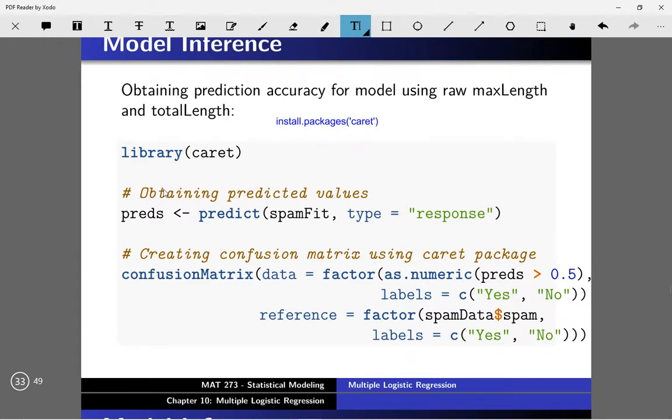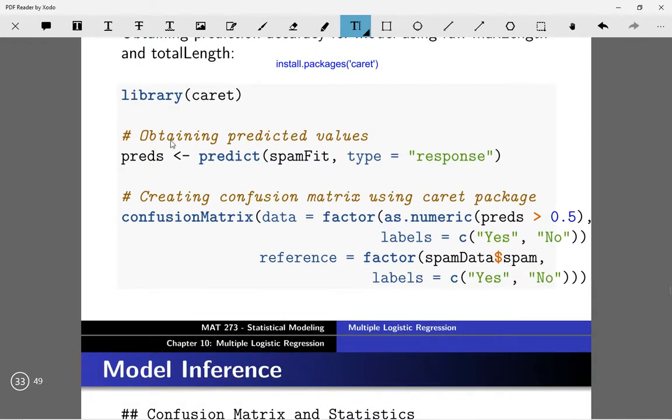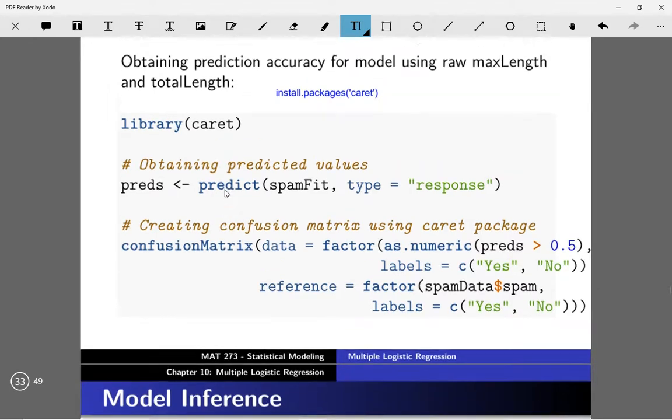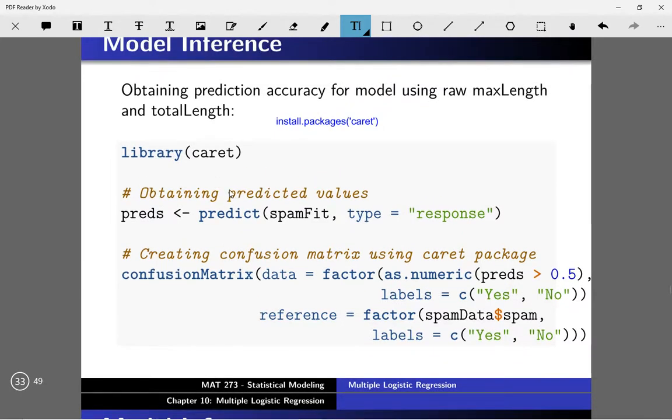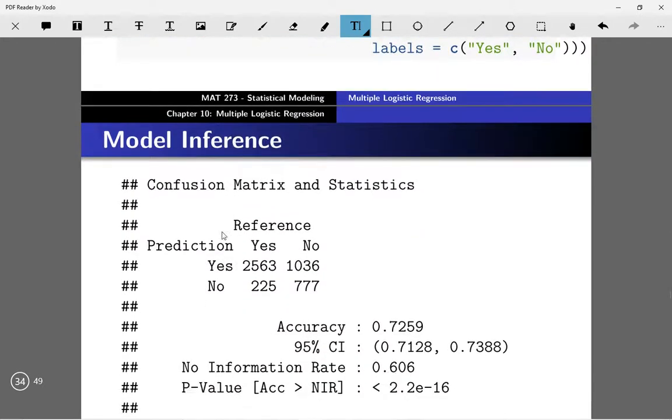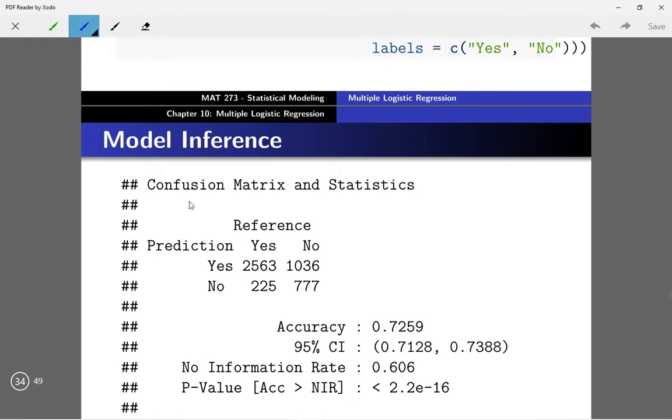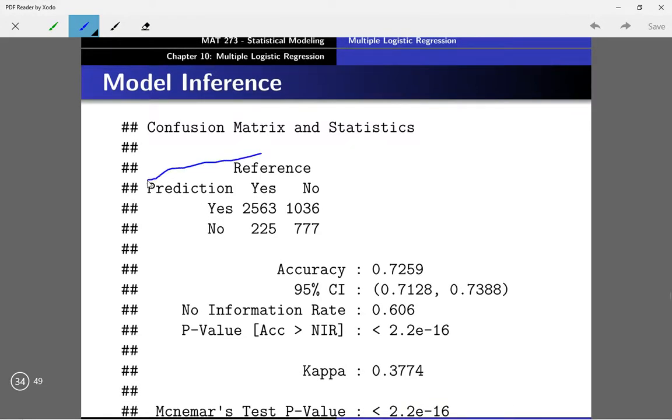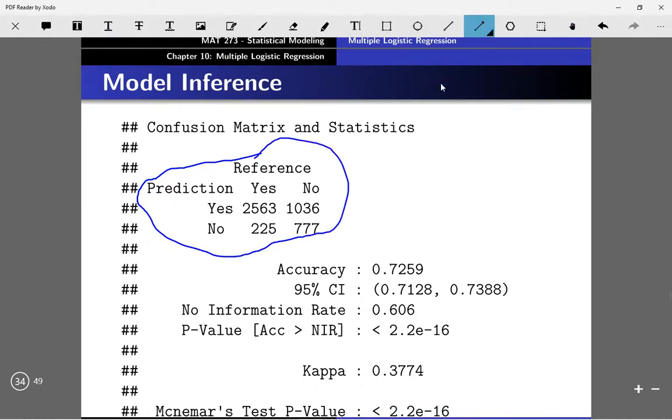You'll have to run that in R. So using this caret package, we first get the predicted values, and then we can create a confusion matrix, which is a table showing how successful our model was in classifying different outcomes. So this is the confusion matrix here. There's a lot of output here, but this right here is the confusion matrix.